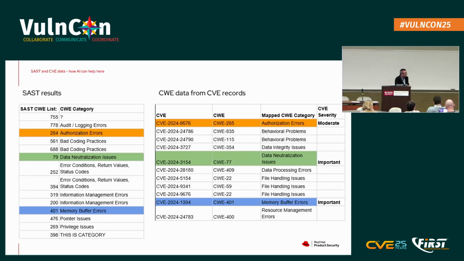CWE is not set up in a way that they're mutually exclusive, so sometimes multiple weaknesses are involved, but they're not all listed in CVE. So I actually don't know how CVE determines which CWE should be included. That's why I feel if you run a distribution across the CWEs, maybe these 10 CWEs always show up. It's like 90%.